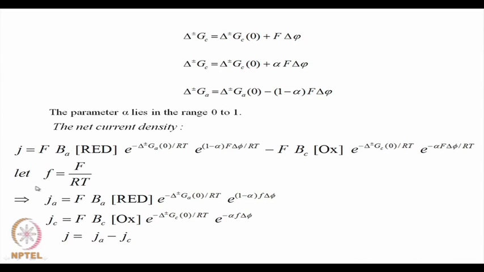And now let f be equal to F by RT. Let us write another quantity, F by RT. F is a constant quantity, and RT, as long as T is constant, is a constant quantity. So, f is equal to F by RT. We just write this in place of F by RT. So, JA is the anodic flux, and JC is the cathodic flux.